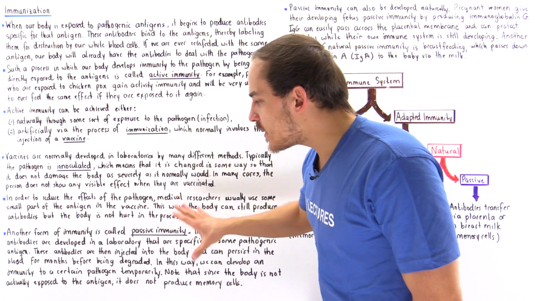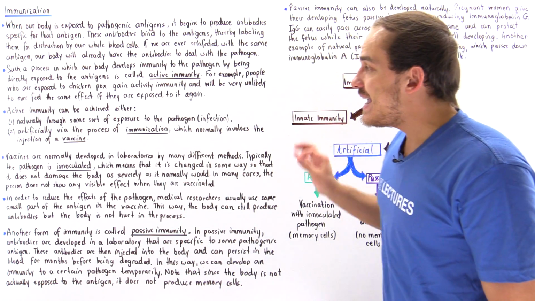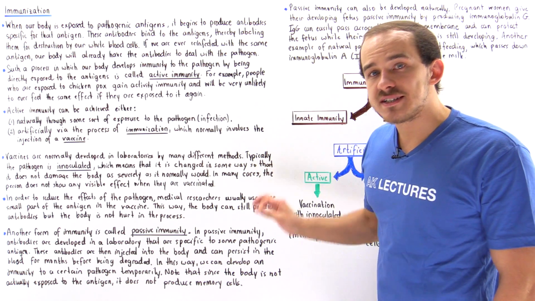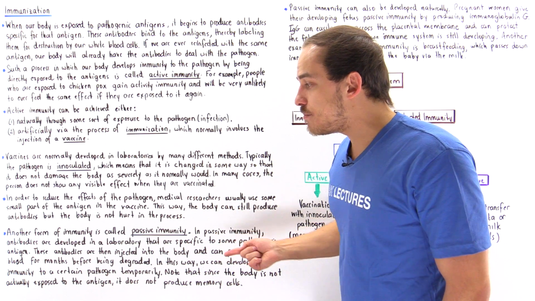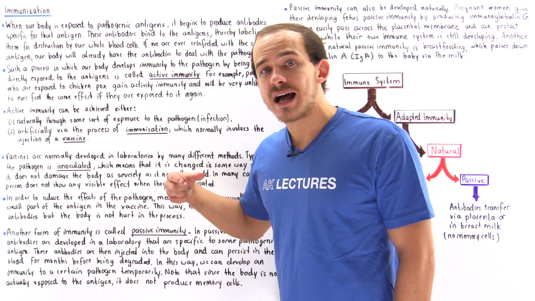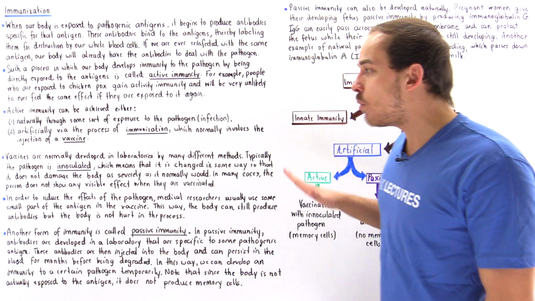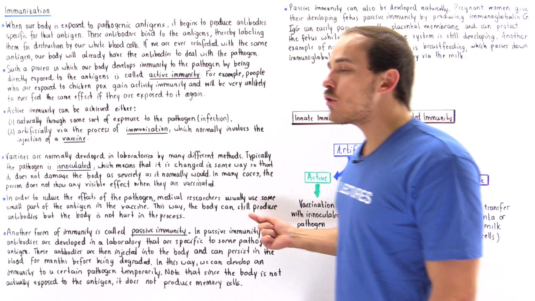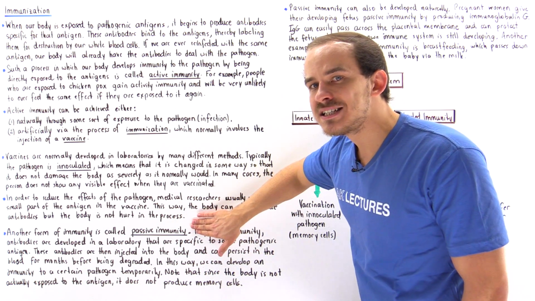Now, one very important point about passive immunity, once again, is that it does not develop memory cells. And so this means that eventually these antibodies will be degraded inside our body and they will cease to exist. And at that point, we will lose our immunity. And that's exactly why this is called passive immunity.